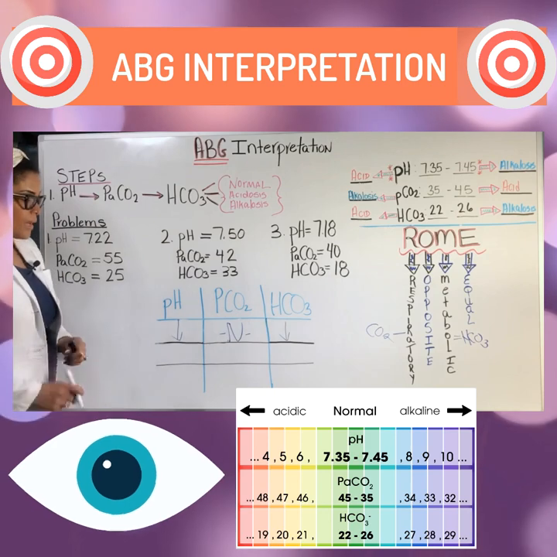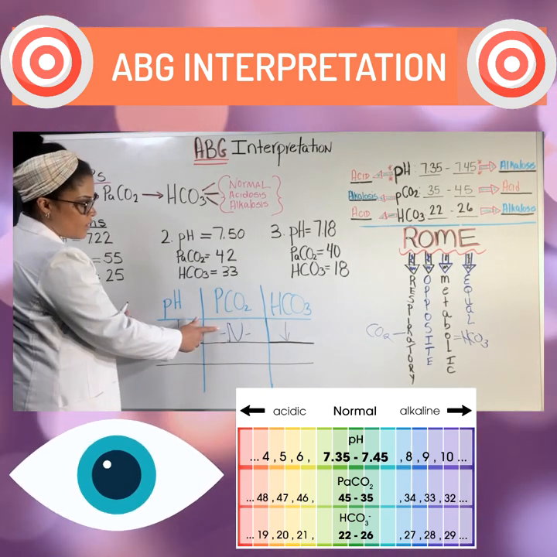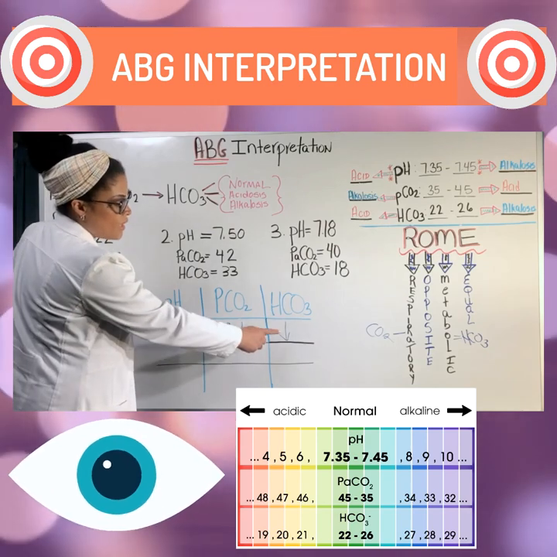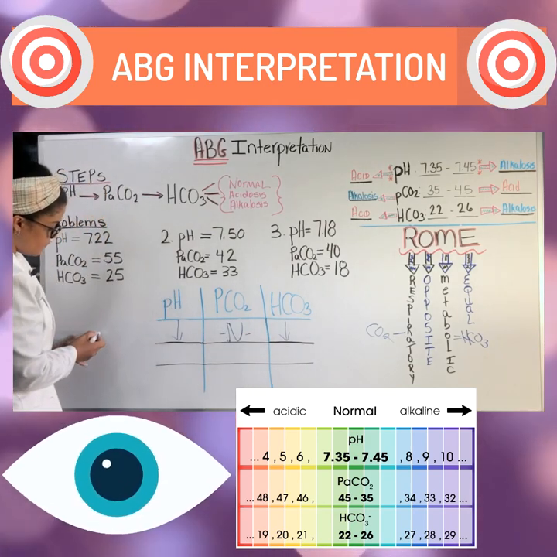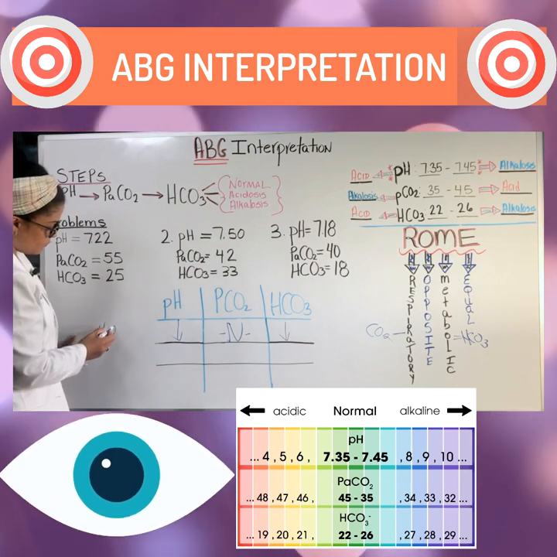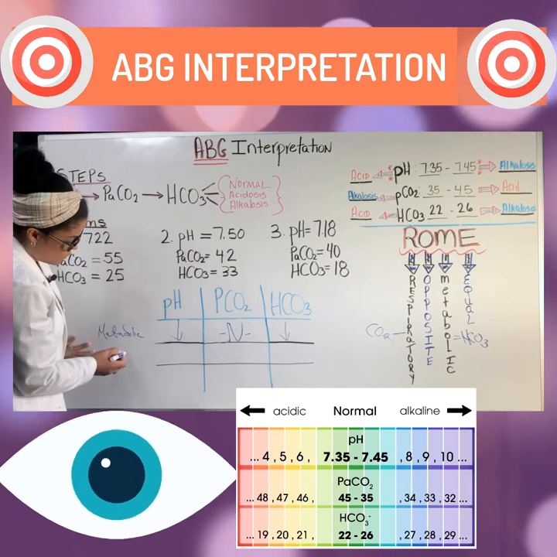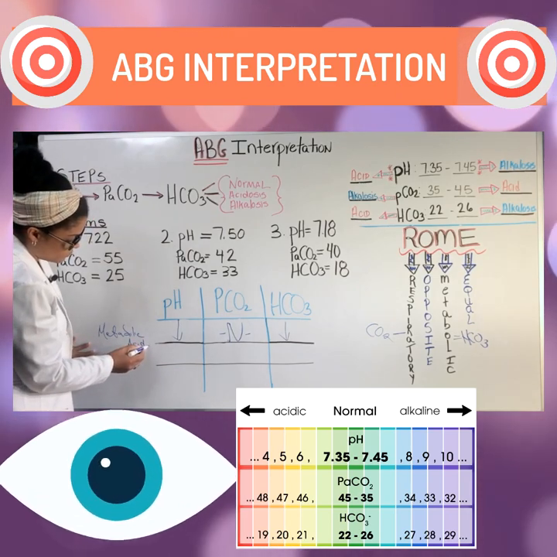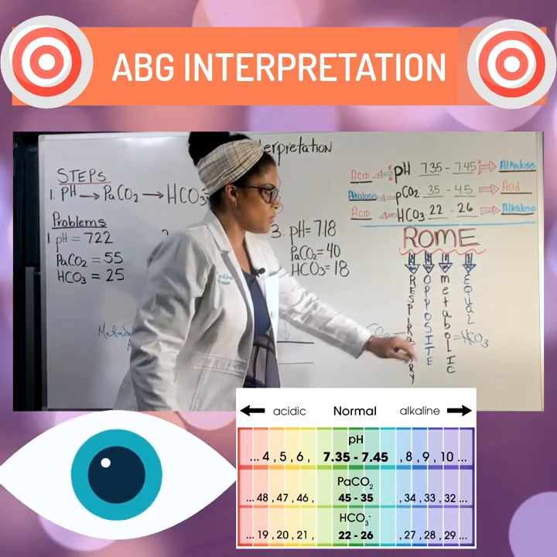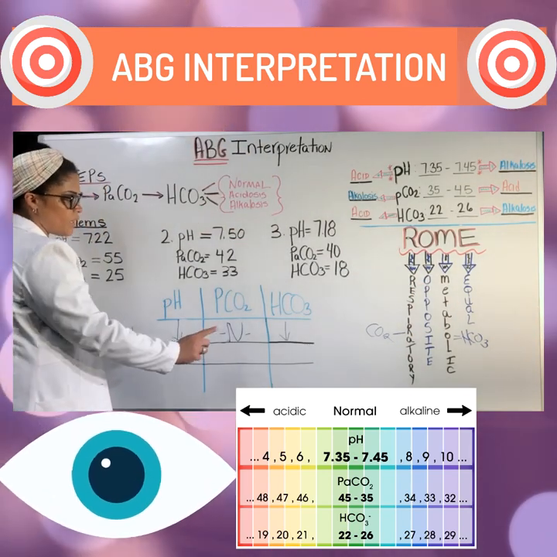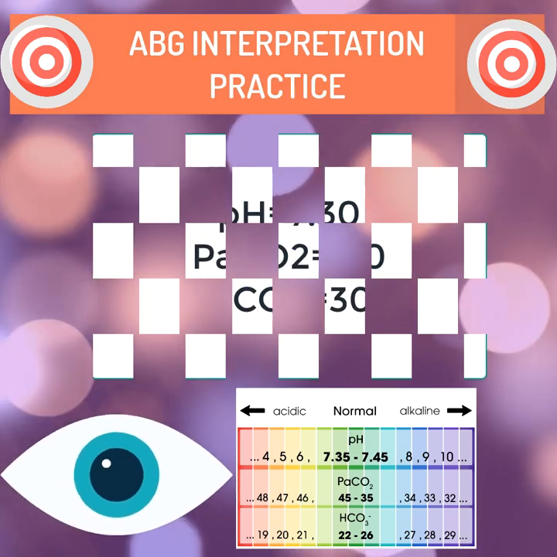As you see, the pattern is that the pH is low, which is an acid, the CO2 is normal, and the bicarb is low. So this is metabolic acidosis.